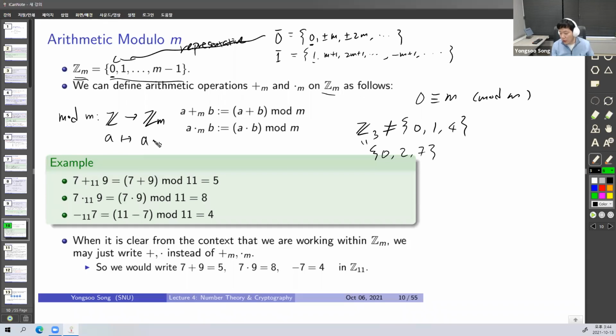For given a, we obtain a mod m, which is an element of this set. And between these elements of Z_m, we define arithmetic operations, addition modulo m and multiplication modulo m. For example, 7 plus 9 modulo 11 is defined by literally 7 plus 9, modulo 11, which is 5. This is another element in Z_11. The same applies to multiplication or negation.